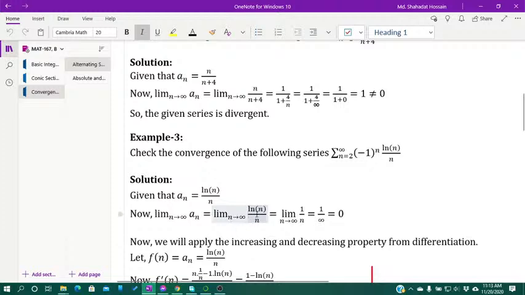That is why we have to use L'Hopital's rule. We should differentiate both numerator and denominator with respect to n individually, and I will get 1 by n only, and that is 0. So the first condition is satisfied.